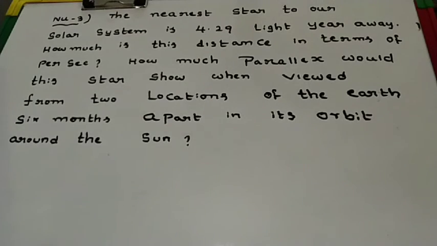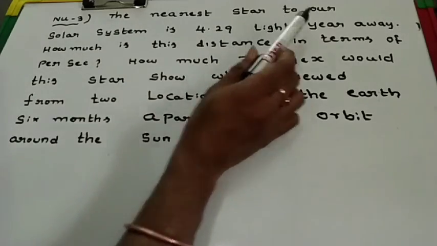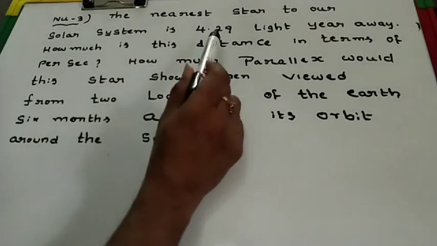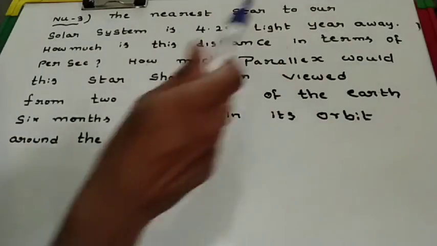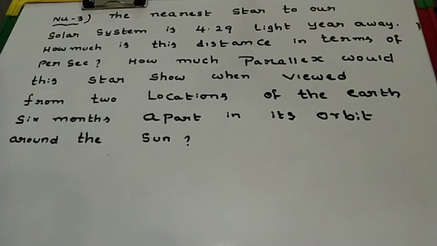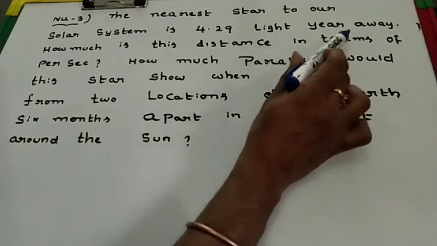Once again, I am repeating the question. The nearest star to our solar system is 4.29 light years away. What is light year? The distance light travels in 1 year with a velocity of 3 into 10 to the power of 8 meter per second is called light year. Now 4.29 light year away.